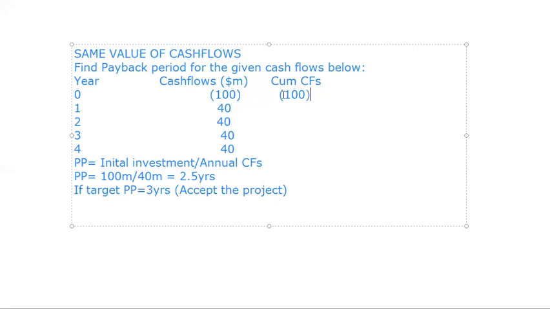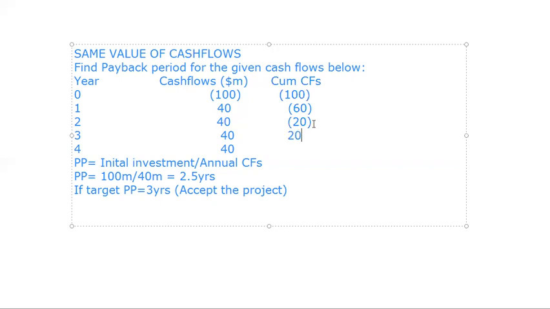And after this, you take negative 100 plus 40. At the end of year 1, you would get negative 60. Then at the end of year 2, you would have another 40, so adding to negative 60, you would have negative 20. And then at the end of year 3, negative 20 plus 40, you would have positive 20.